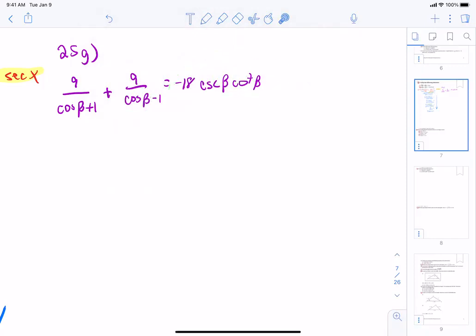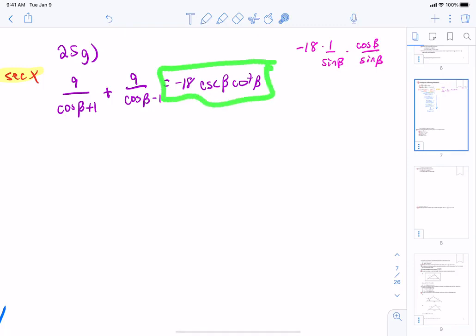Cosecant, cotangent, what the heck does that mean? Well, that's really negative 18. Cosecant is the flip of the sine. Cotangent is cosine over sine. So right before this answer comes up, this answer should come up as like your very, very almost last step.